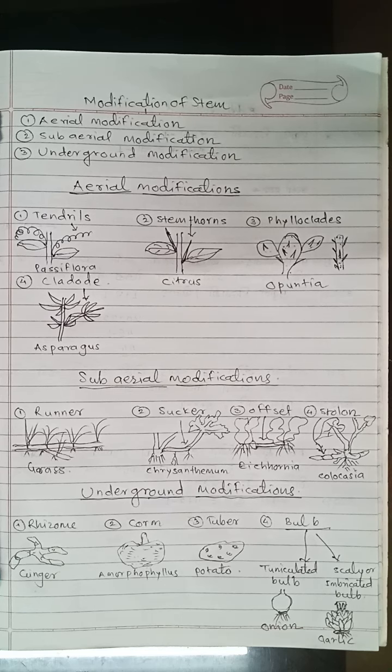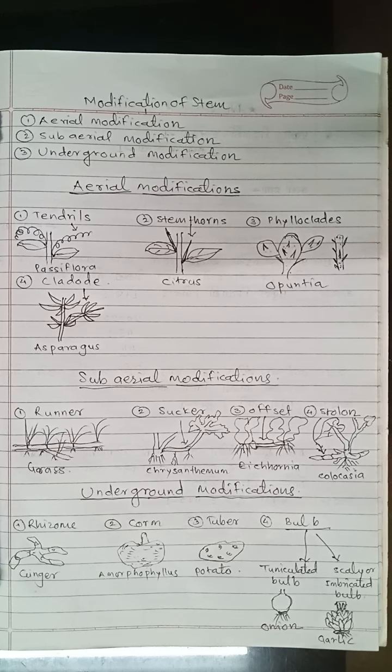Then second one, suckers. A creeping stem developing from the underground part of the stem but growing obliquely upward and directly giving rise to a leafy shoot or a new plant. Example is Mentha, chrysanthemum. Third one, that is offset.